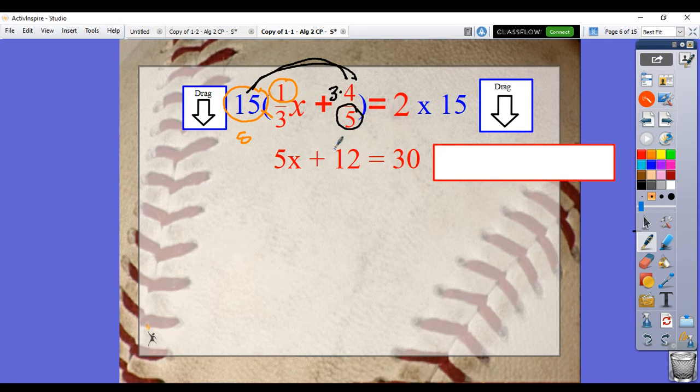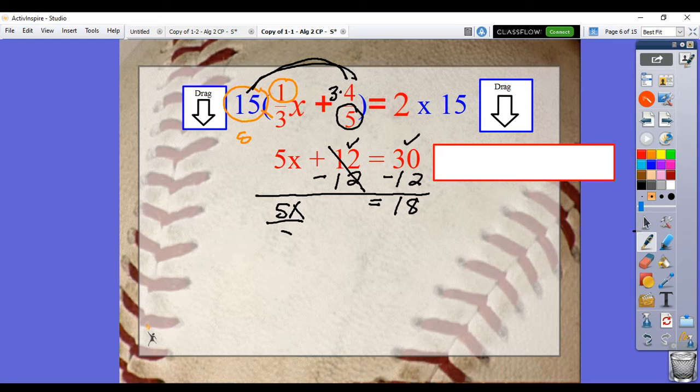And one of the tools that I told you is that you should be able to move things around. Since 12 and 30 are like terms, I'm going to subtract here by 12, subtract here by 12, cross it out, and drop the 5x is equal to 30 minus 12, which is 18.